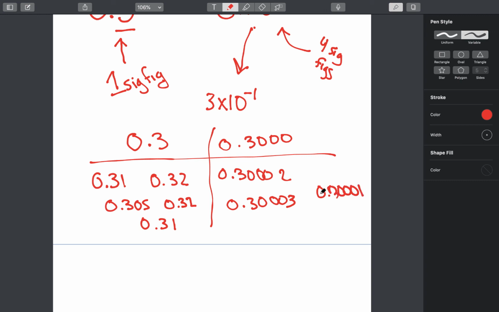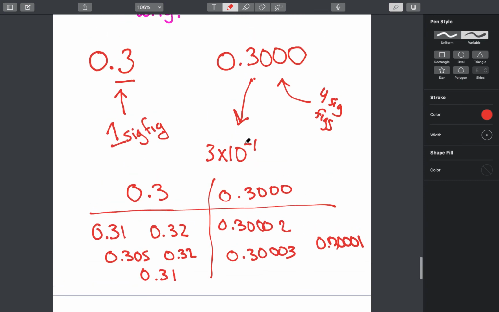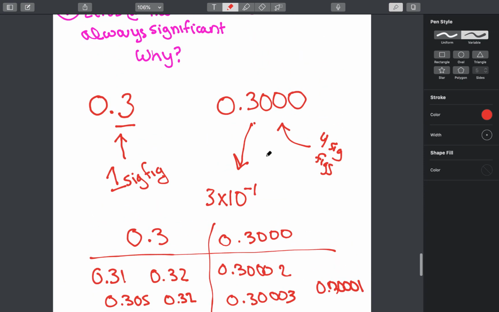So you can see here that the only value the instrument can be sure of is 0.3000. So this instrument is much more precise than this instrument. That's why the zeros after the decimal point are always significant in this case, because it shows how precise your instrument is.